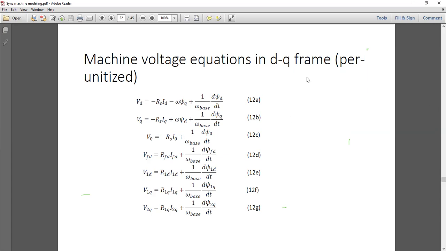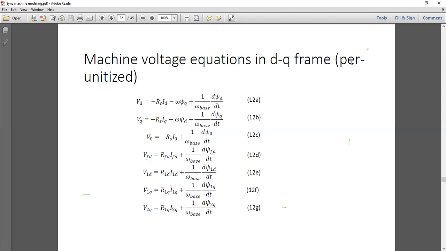Due to the per unitization steps, we have an additional term, 1 upon omega base, in the expression of VD and 1 upon omega base in the expression of VQ. Actually the 1 upon omega base is there for all of these voltage equations. However, the signs for the currents are unchanged, as expected.